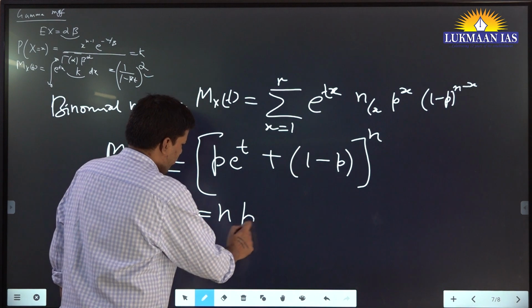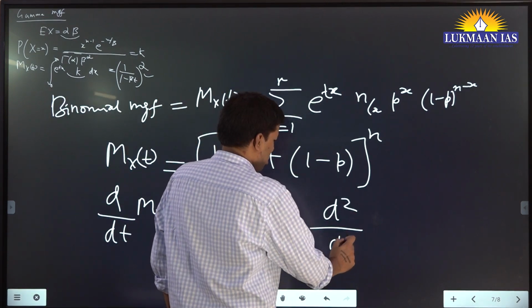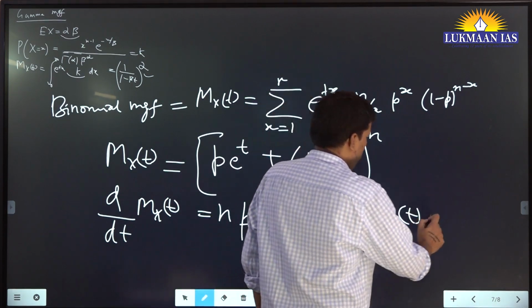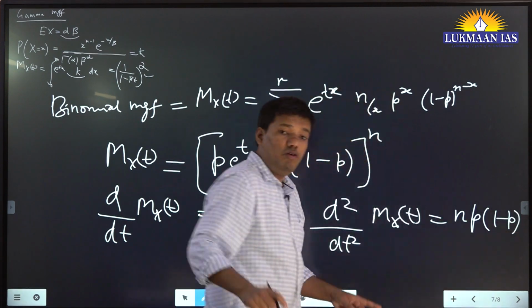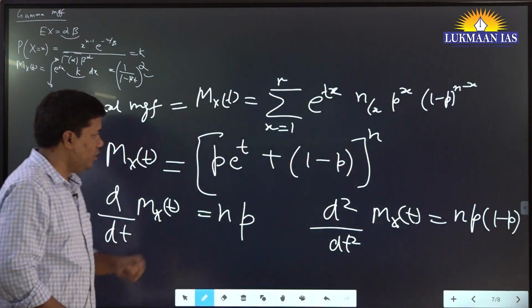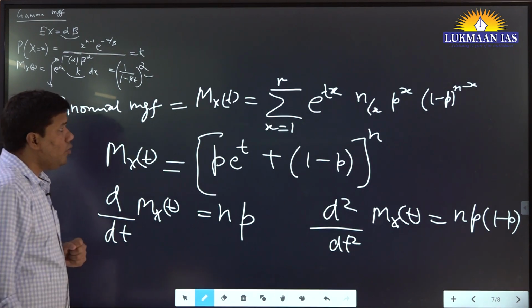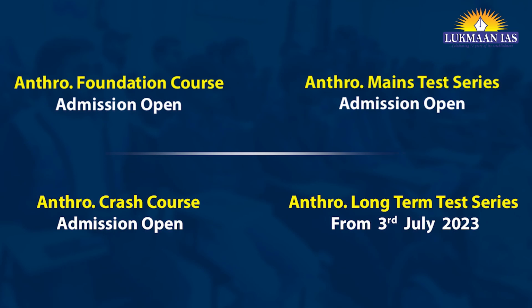That is the mean. Wonderful. Let's say you differentiate it two times, Mx(t). What you should get is np into 1 minus p. So now you have seen three methods of calculating this. One method is generating the MGF. The second method we saw by summation, using the binomial series. Third was using Bernoulli's, where we compared Bernoulli's and binomial, right?